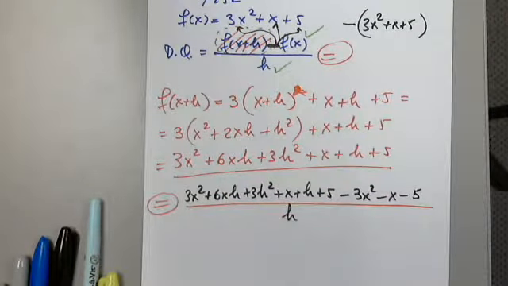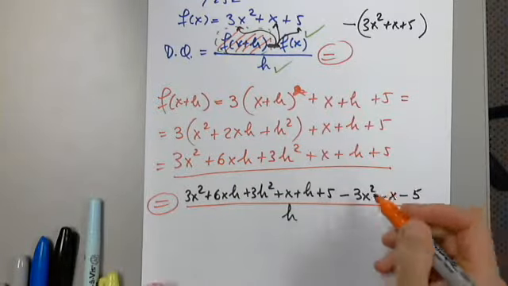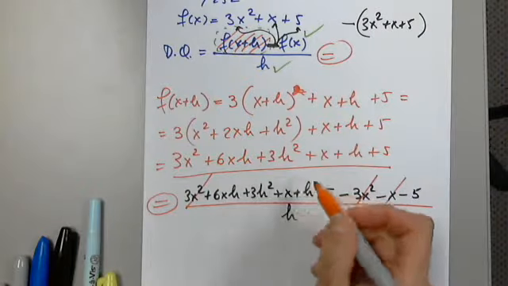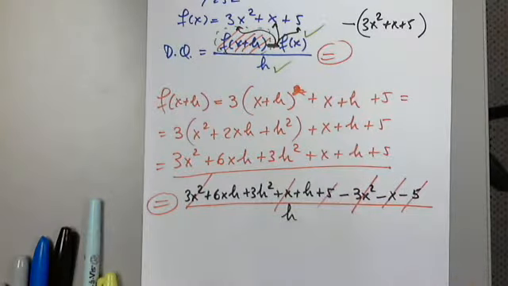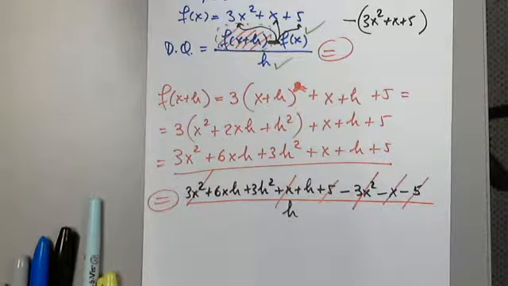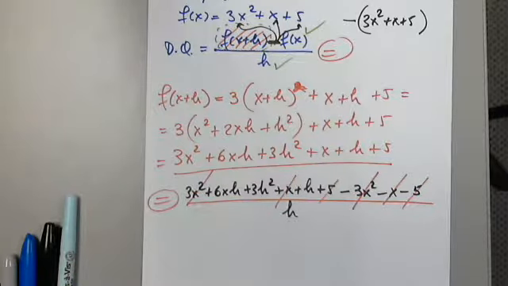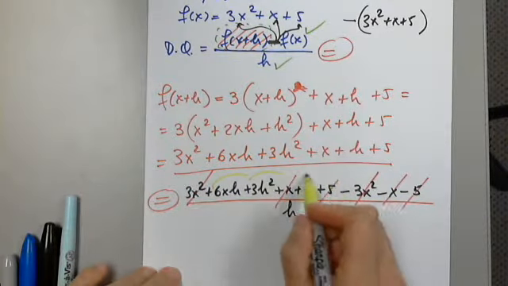Okay, so as expected, negative 3x squared with positive 3x squared, negative x with positive x, and negative 5 with positive 5. So what I was expecting to happen, it did, the first step. All terms without h did cancel out. So how many terms are left? It's very important to take it easy and identify how many terms. Yes, so when I pull out what?